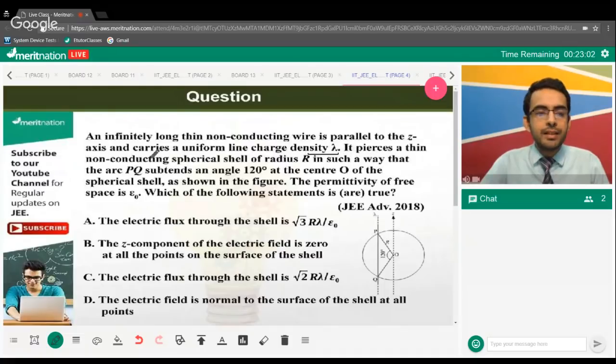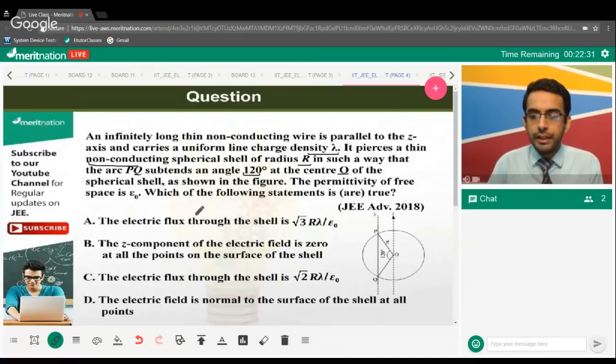It pierces a thin, non-conducting spherical shell of radius capital R in such a way that the arc PQ subtends an angle of 120 degree at the center O of the spherical shell, as shown in the figure. The permittivity of free space is epsilon naught. Which of the following statements is or are true? This is a multi-correct type question.